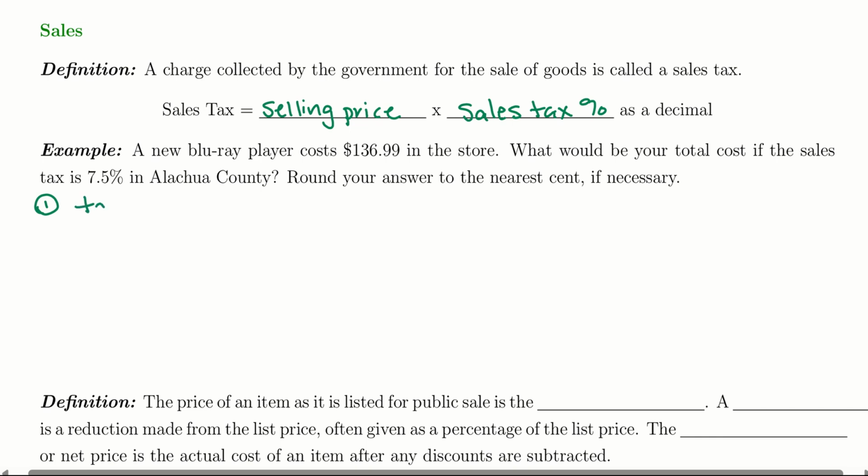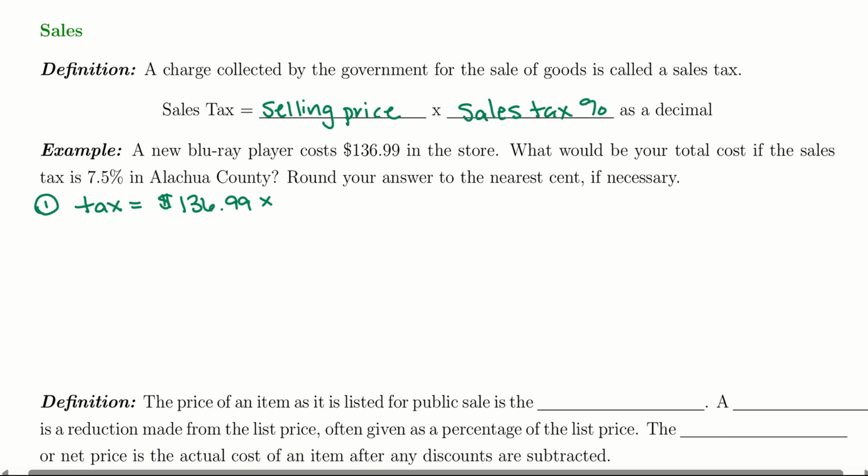So our tax is going to be the selling price, $136.99, and we're going to multiply that by 7.5% as a decimal.